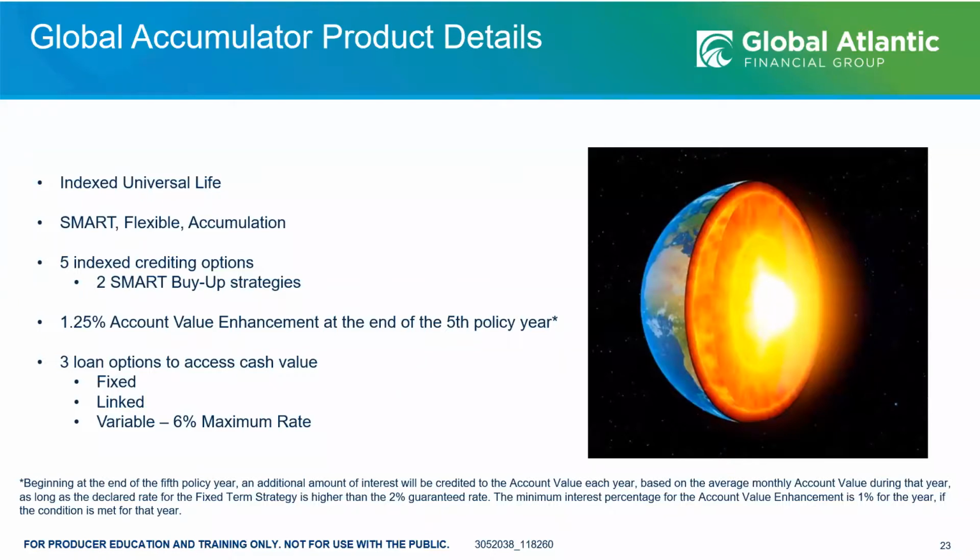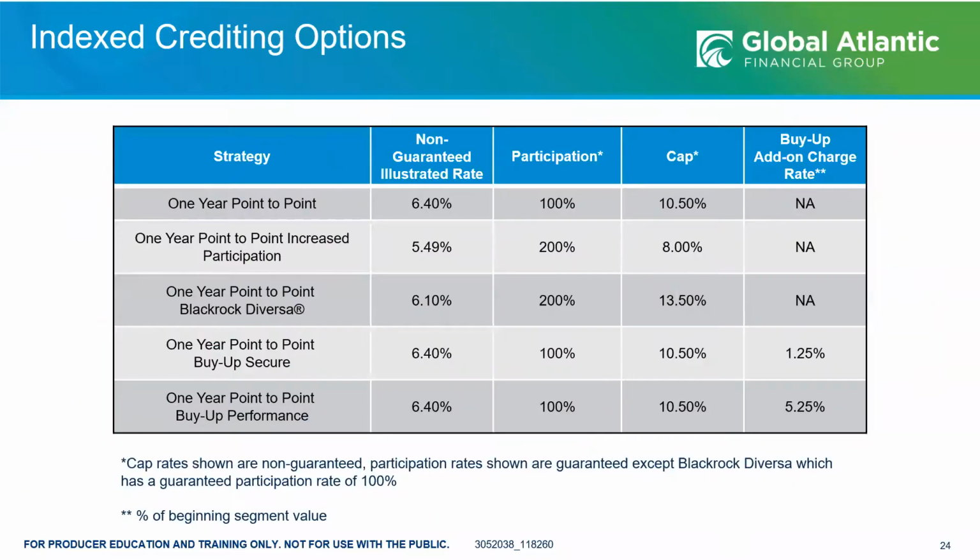So that asset-based charge starts hitting the account value right away, very early on in the contract. The way we built our product is to make our buy-up strategies, or multiplier strategies, smart. We have two different options for smart buy-up, and there's a different trigger for each one for when that asset-based charge actually starts.